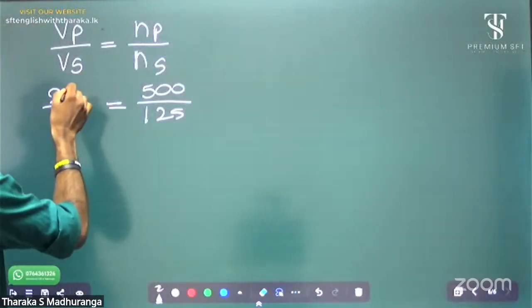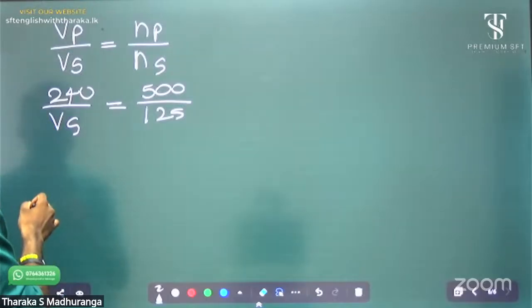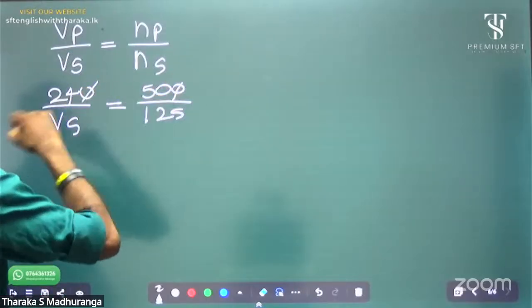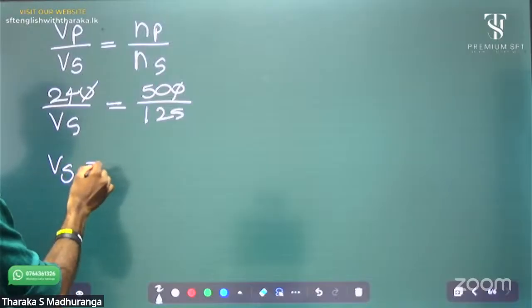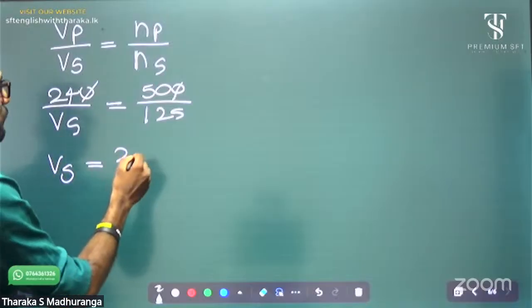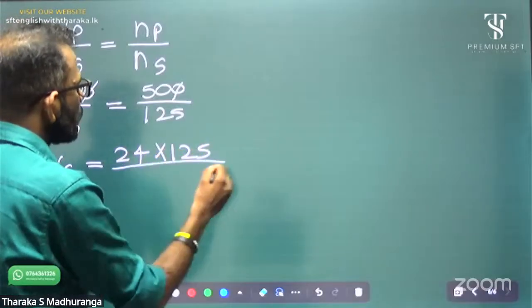Vs is asked. The zeros cancel. Vs equals 24 into 125 over 50.